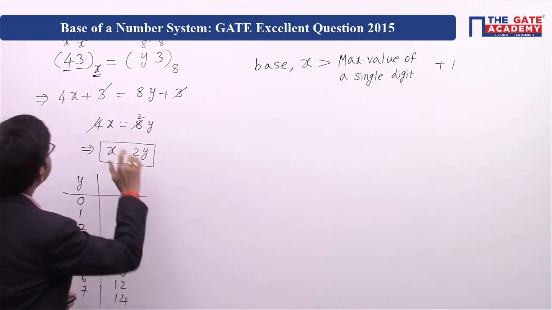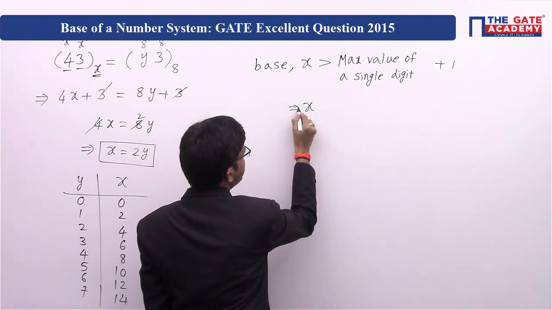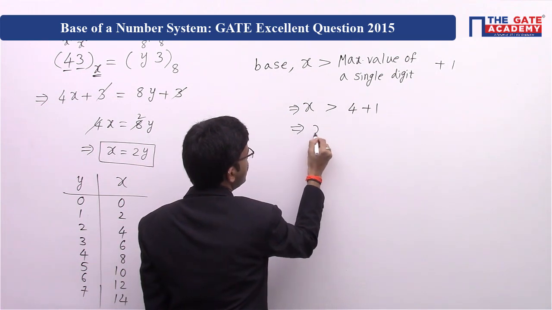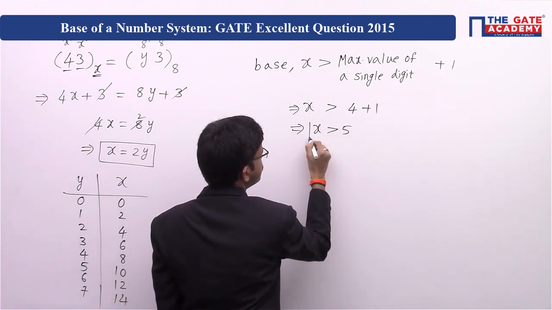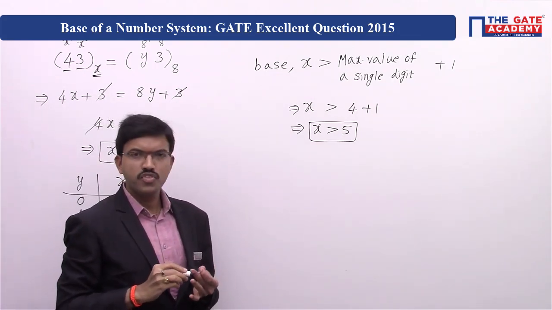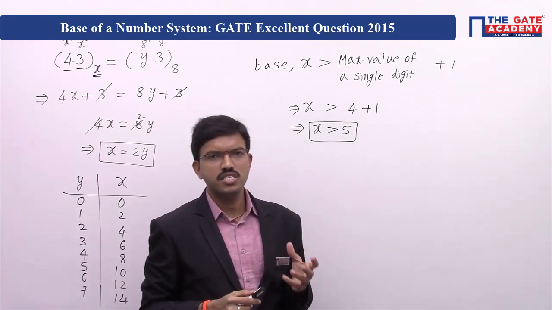That means here the maximum value is 4. Substitute that value here. So from this we will get x value greater than 4 plus 1. That means x value should be greater than 5. Just like in the decimal number system, you have values ranging from 0 to 9. Base of the number system is 10, right?